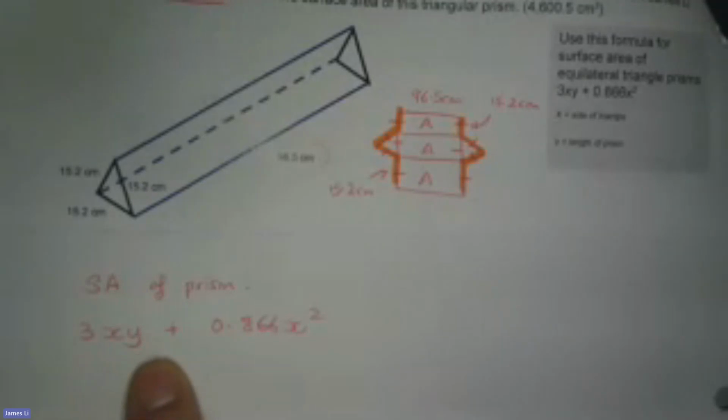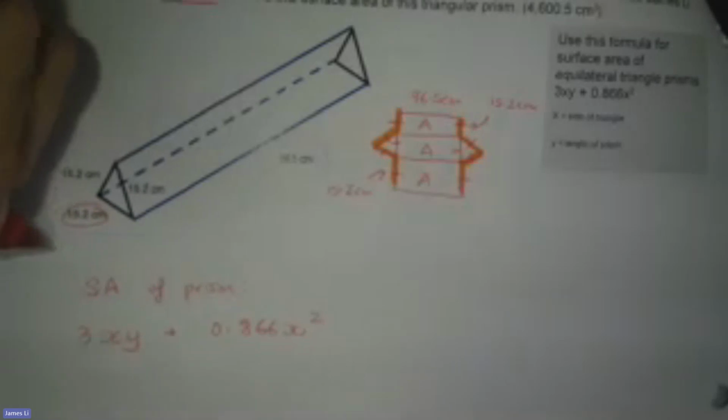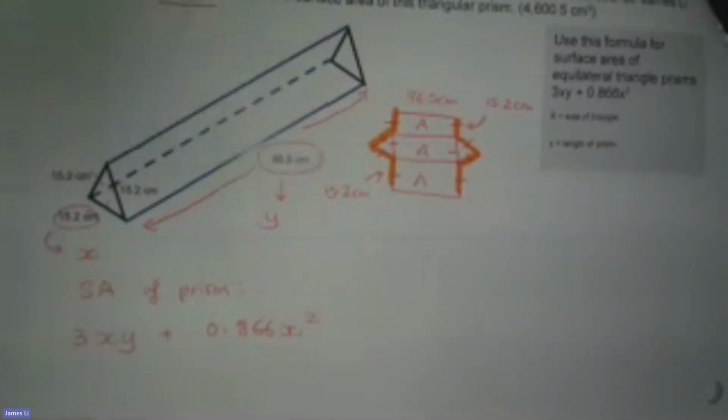I expect you to do the very same thing when you show your work. So at the very start, you write out the formula. By the way, what is x and y? The side of the equilateral triangle is your x. The length of the prism is your y.